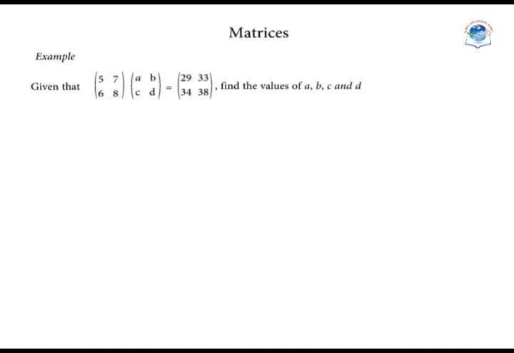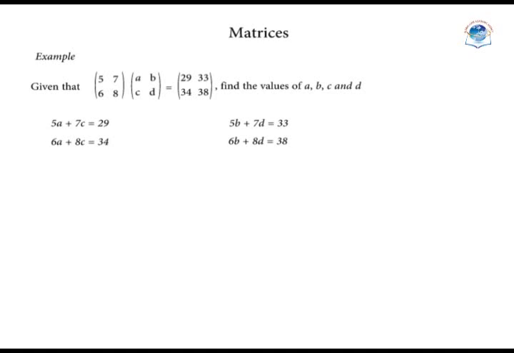So we go 5 times A plus 7 times C is equal to 29. And then 5 times B plus 7 times D is equal to 33. 6 times A plus 8 times C is equal to 34. And finally 6 times B plus 8 times D is equal to 38.